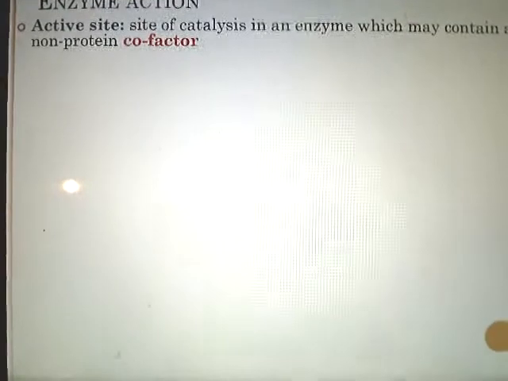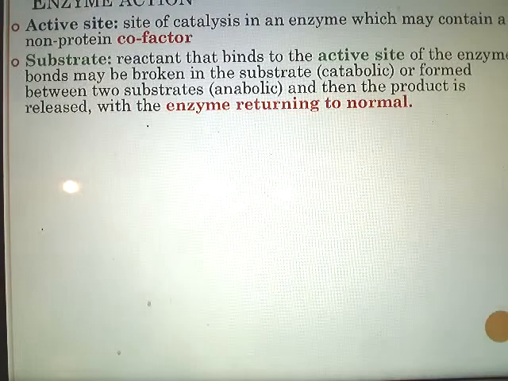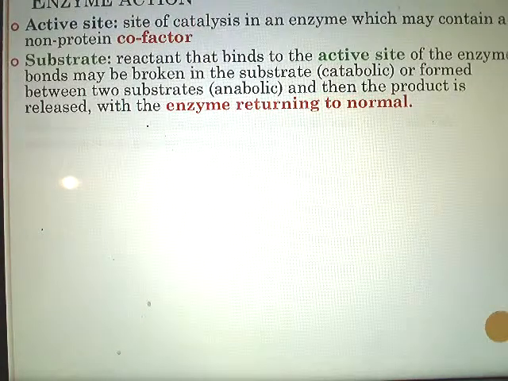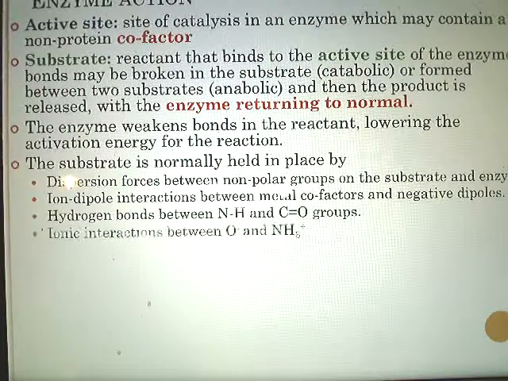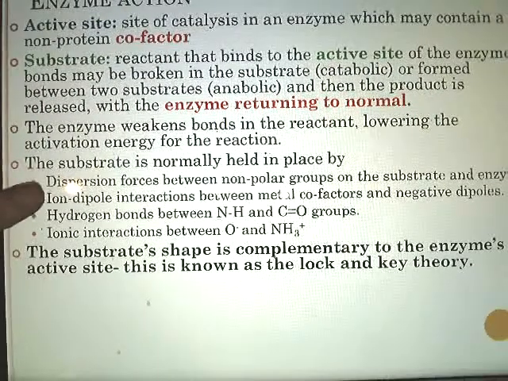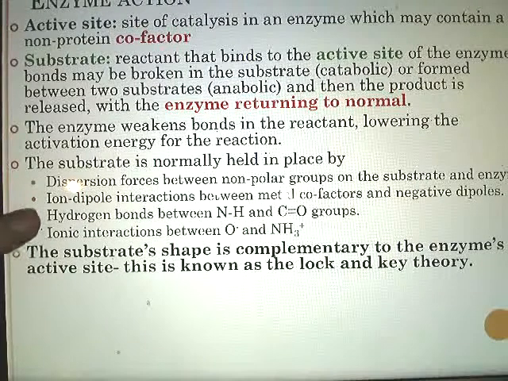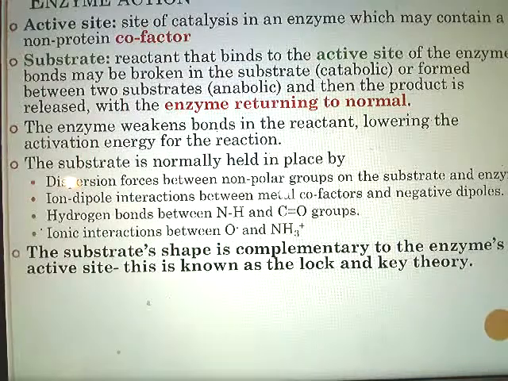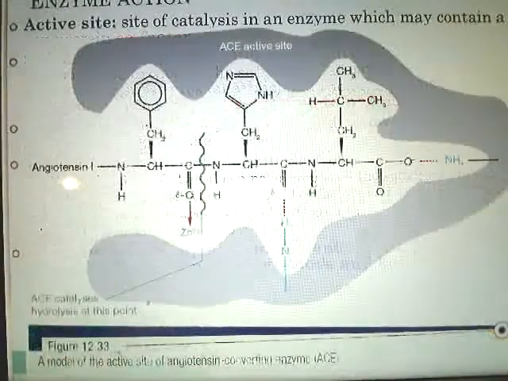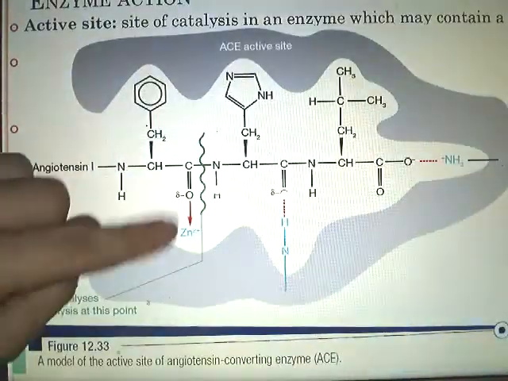So enzymes action, sometimes they have a cofactor in there that can form ion dipole bonding. I'm going to show you in a moment. So the substrate is normally held in place by dispersion force interactions, ion dipole interactions, hydrogen bonding, ionic interactions as well. So I'll show you that here.